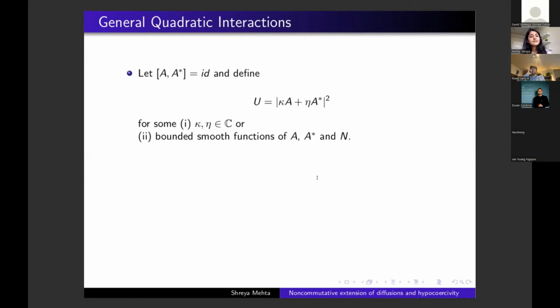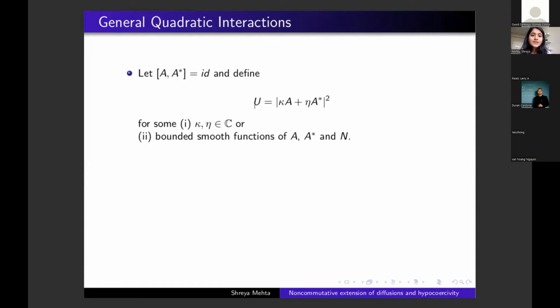Again, if here we are taking just one pair of CCR, we can define a U as the modulus of the linear combination of A and A star, where these constants can be complex numbers or bounded smooth functions of A star, or N. So this U is a more general case for N. It's a more general quadratic interaction.